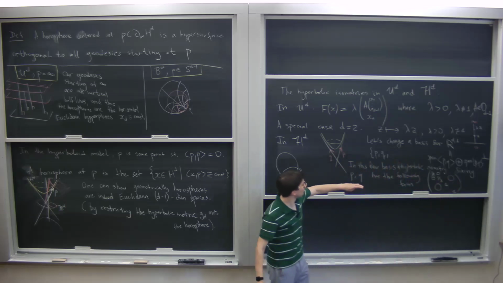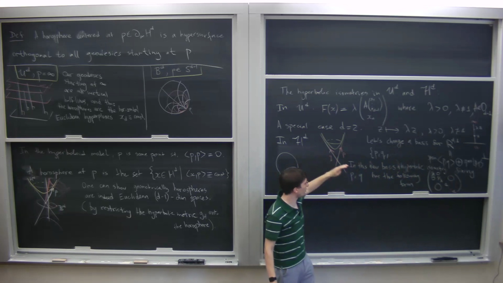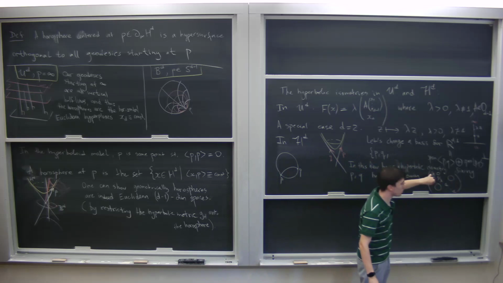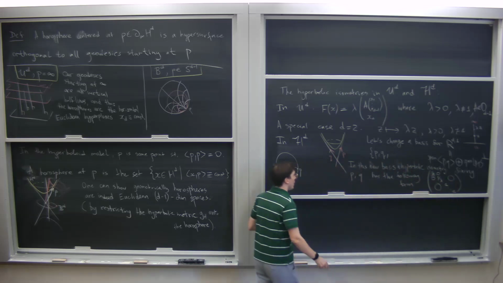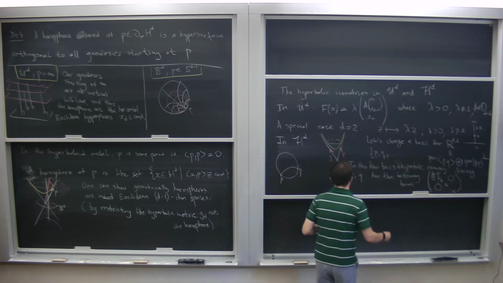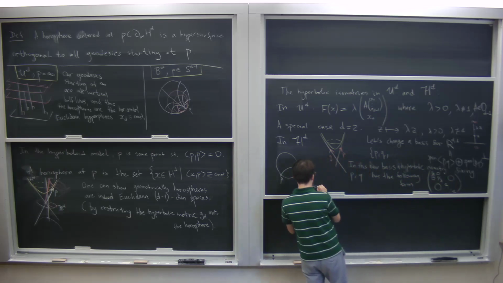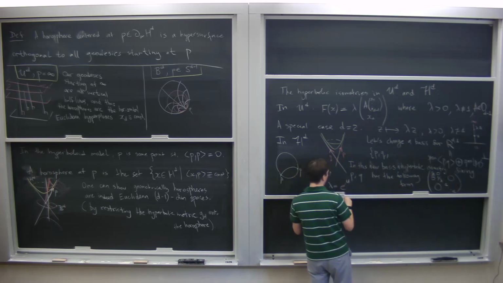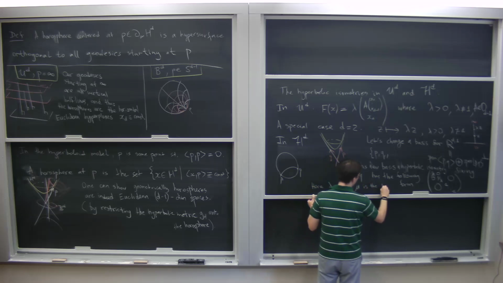So I can reformulate it as follows. Hyperbolic isometries are those that are conjugate to diagonal matrices with lambda, 1 over lambda, and units on the diagonal. And here lambda is equal to the exponent of mu, and mu is the displacement.